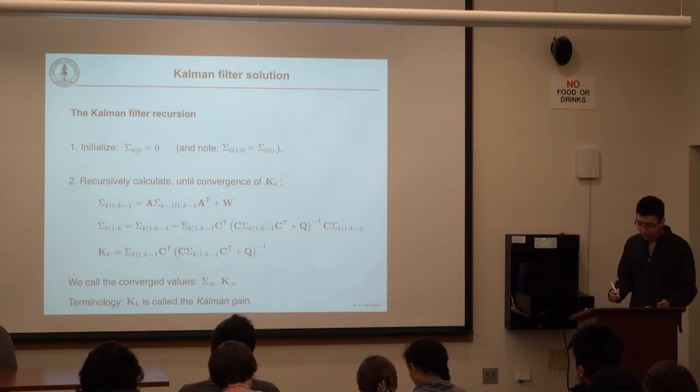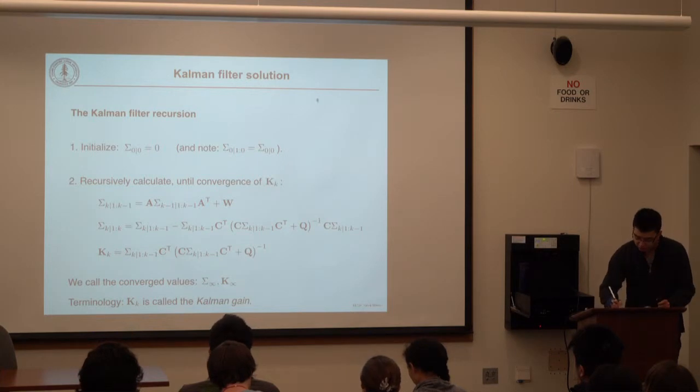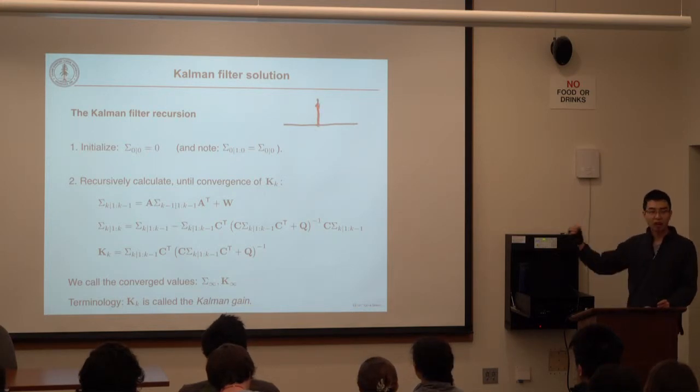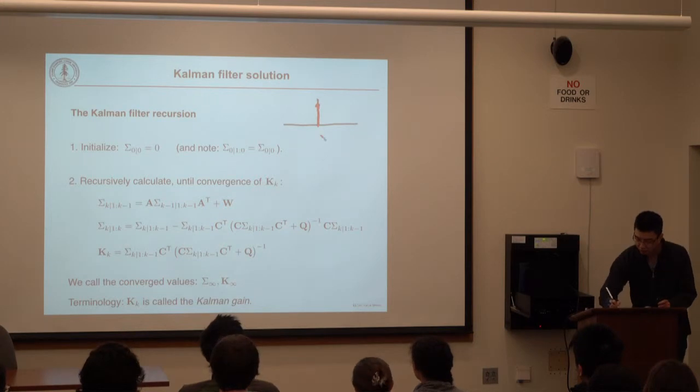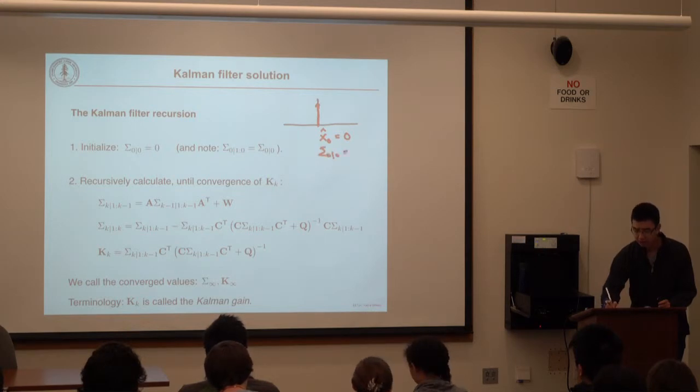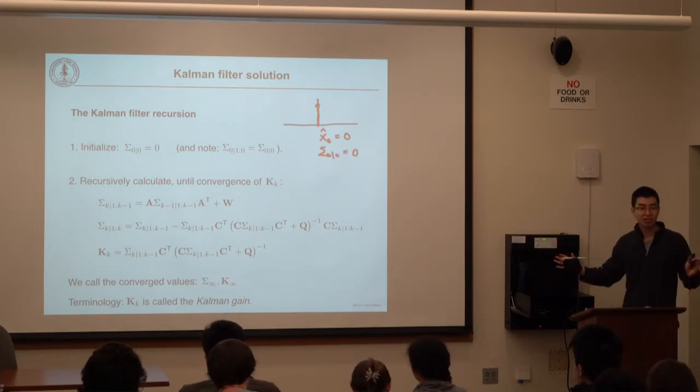At the very first time point, we're just going to say that our distribution has mass 1 at 0. So we start off with a mean of 0, and the covariance of this is also equal to 0. That's just some initial state.